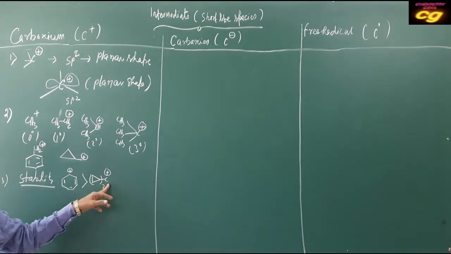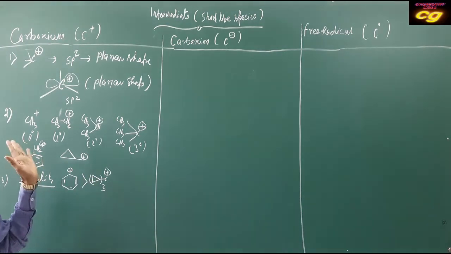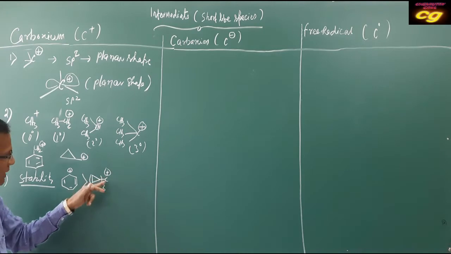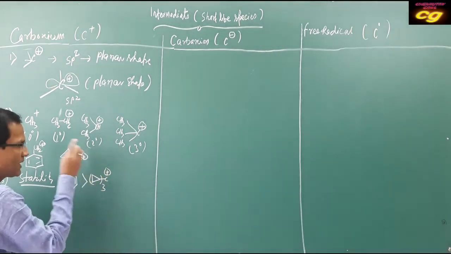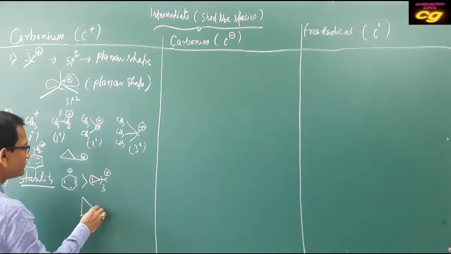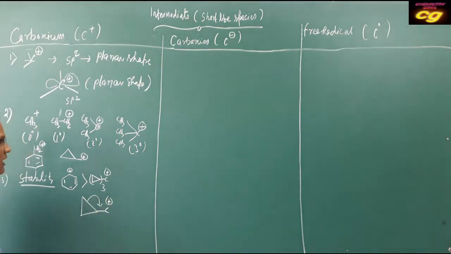Then will come tricyclopropyl methyl carbocation, because in this cyclic compound, due to angular strain, it forms a pi bond with the adjacent carbon. Due to breaking of this bond, it forms resonance.